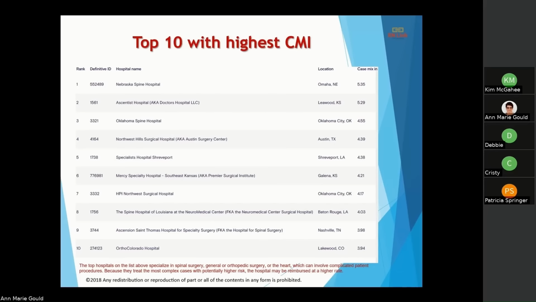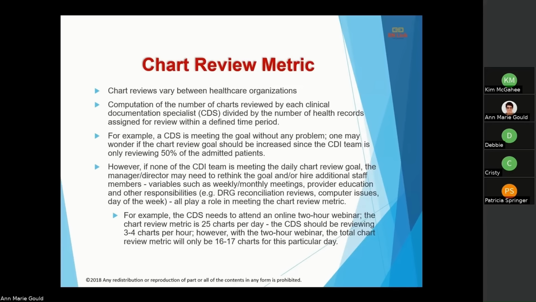Okay, chart review metrics. Chart reviews vary between different healthcare organizations. It's the computation of the number of charts reviewed by each clinical documentation specialist, the CDIS, divided by the number of health records assigned for review within a defined time period. For example, a CDS is meeting the goal without any problem.